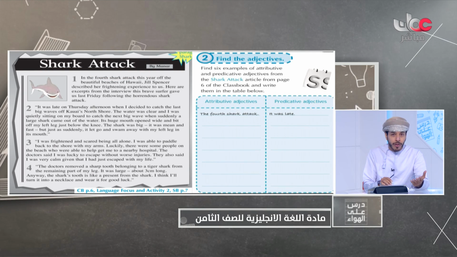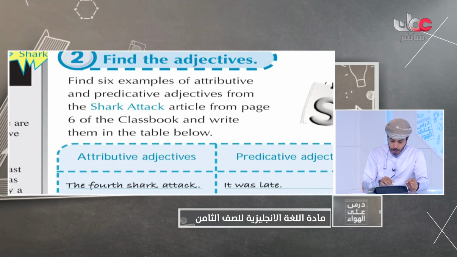This is a student like you, and she has developed this report. Good. Now, I would like you guys to go to activity number 2 to find 6 examples of attributive and predictive adjectives.